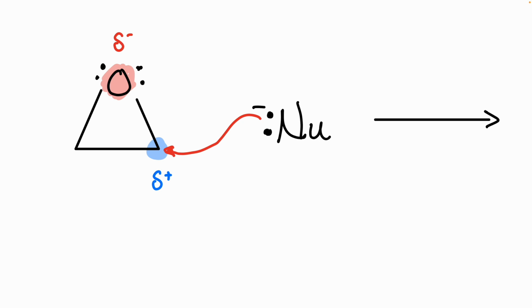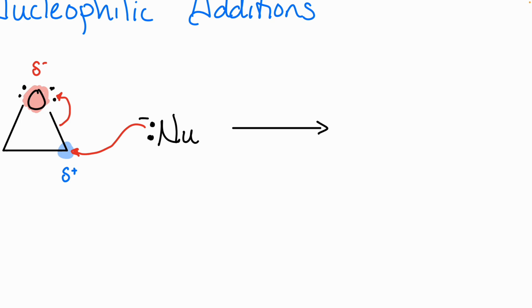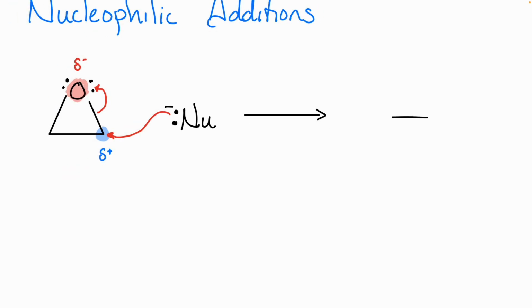One of the reasons why this carbon is so willing to accept that pair of electrons, because it won't break its octet rule, is it's going to give up this pair to that oxygen. All right, and so what we're going to see here is our nucleophile gets added. We have a nucleophilic addition reaction.